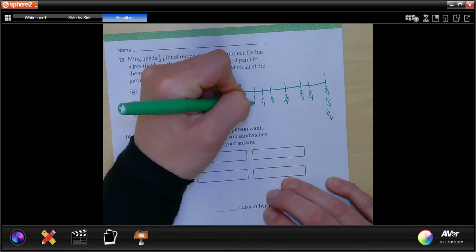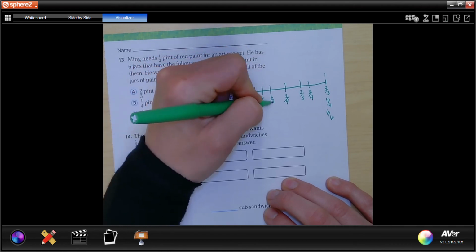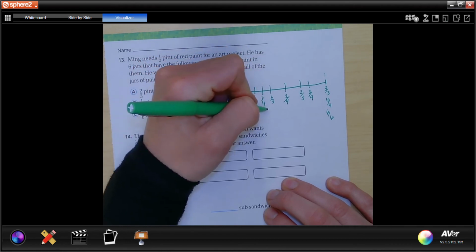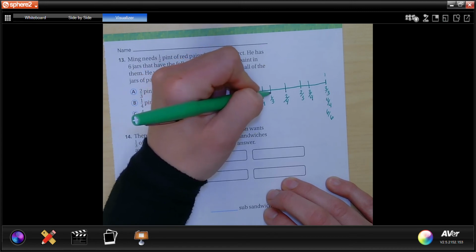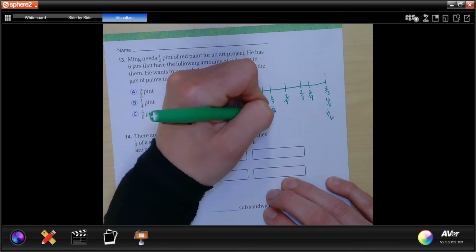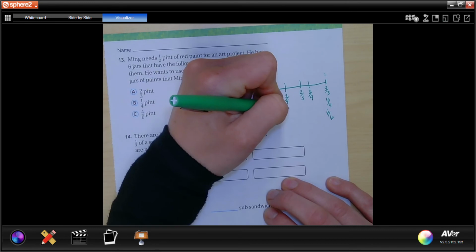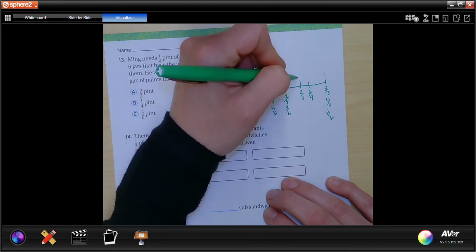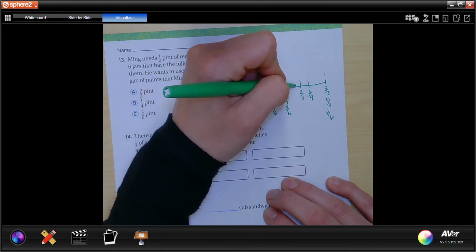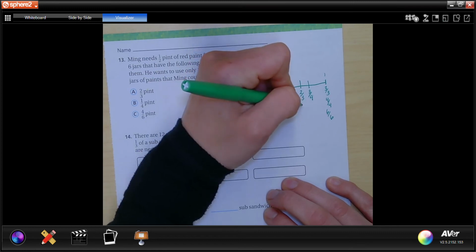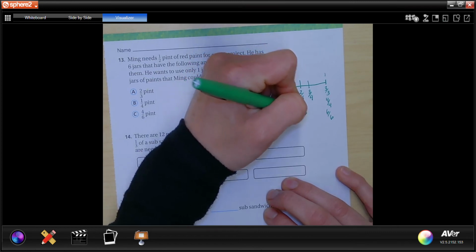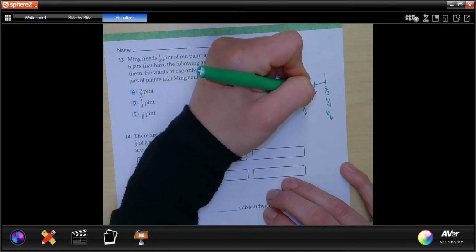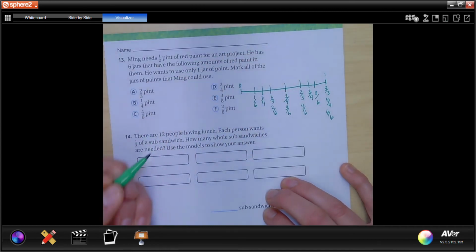So 2/6 is the same as 1/3. 3/6, 4/6 is the same as 2/3, and then 5/6.